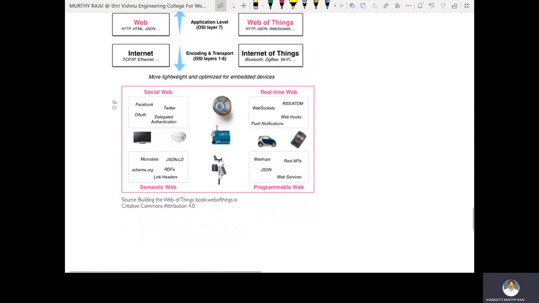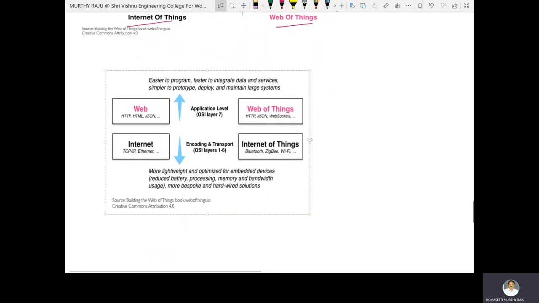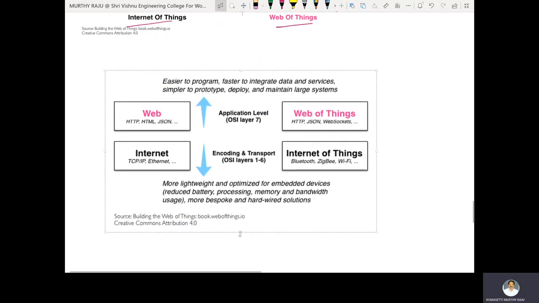Coming to the next one, the layered architecture. These are the layers in the web. Generally, for internet applications we use the TCP/IP protocol, with Ethernet at the physical layer to connect the devices.